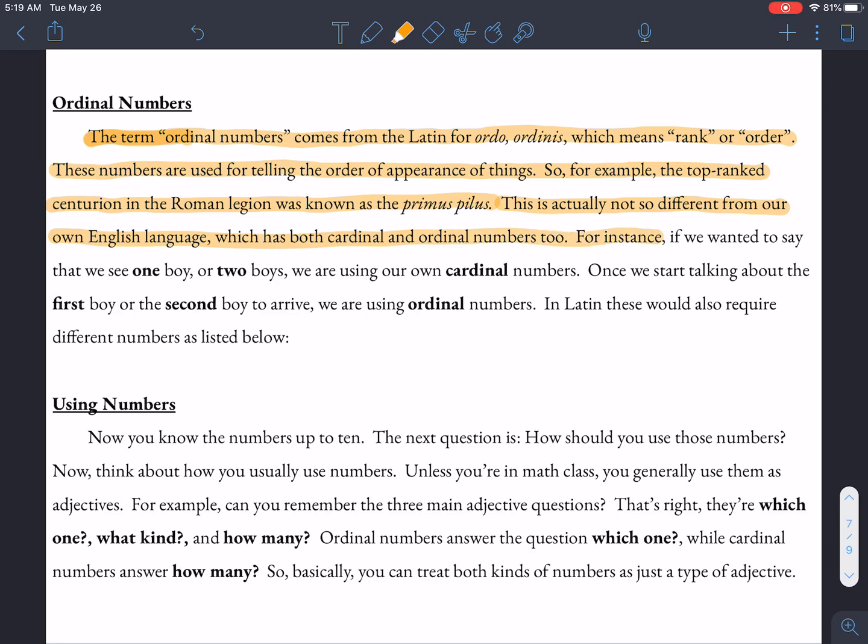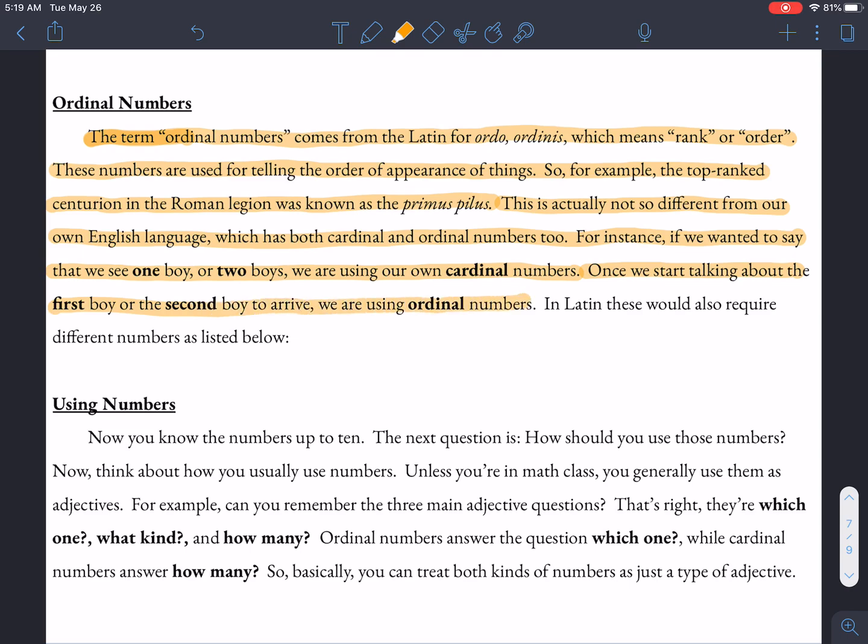This is actually not so different from our own English language, which has both cardinal and ordinal numbers too. For instance, if we wanted to say that we see one boy or two boys, we are using our own cardinal numbers. Remember, cardinal counting. How many boys do I see? 1, 2. I can count them with my cardinal numbers. Once we start talking about the first boy or the second boy to arrive, then we're using ordinal numbers.